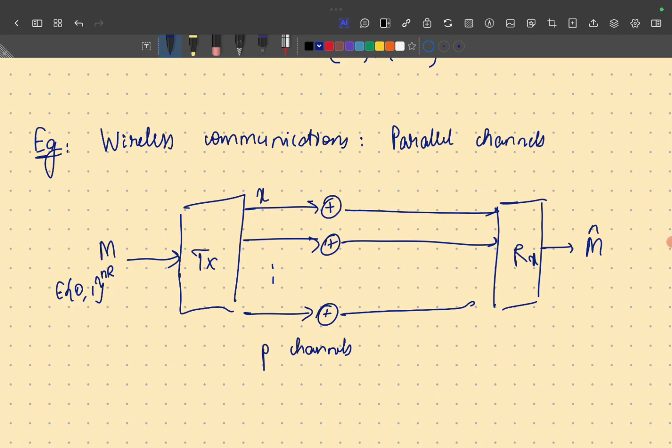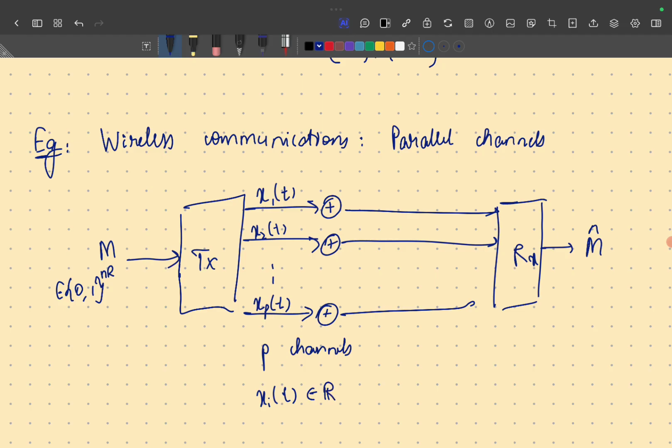So in each time instant, let's say the tth time instant, it transmits x1 of t in the first channel, x2 of t in the second channel, and xp of t in the pth channel. The symbol that it sends is just a real number. Xi of t is just a real number.